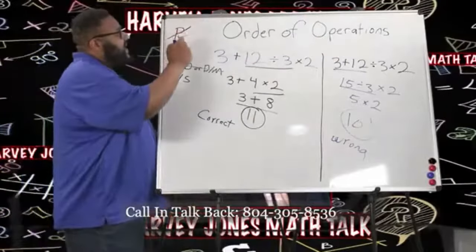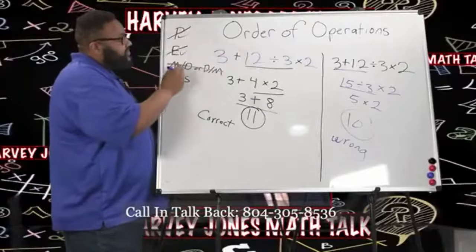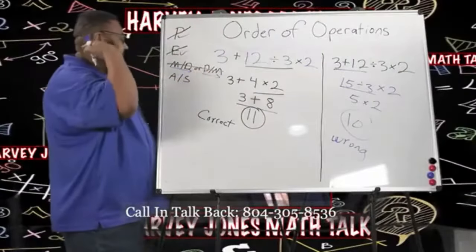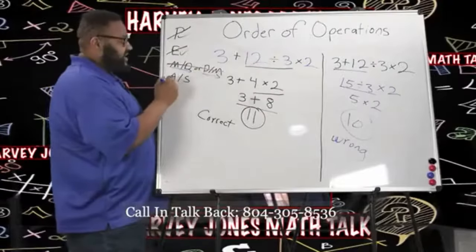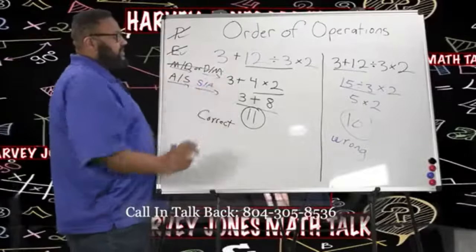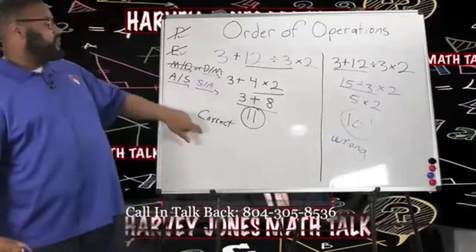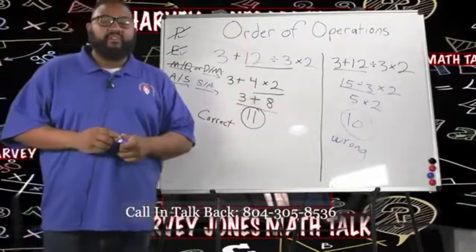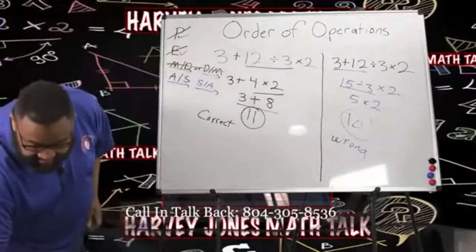Parentheses, exponents, multiplication, division left and right, or division, multiplication left and right. Addition, subtraction left to right, or it could be subtraction, addition left to right. Correct way, wrong way. Questions or concerns?